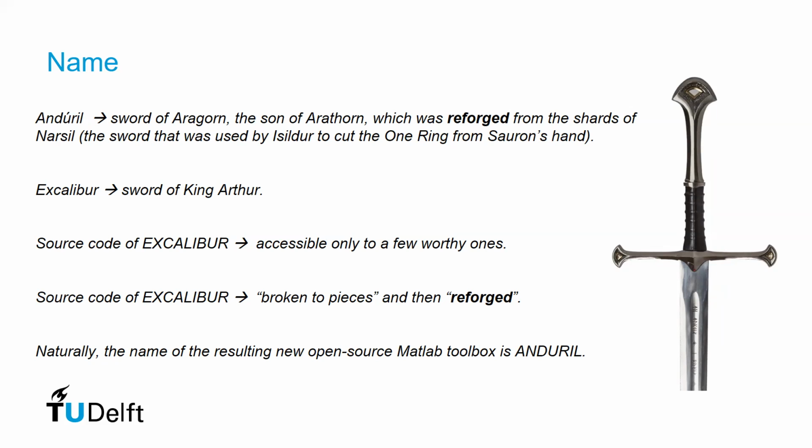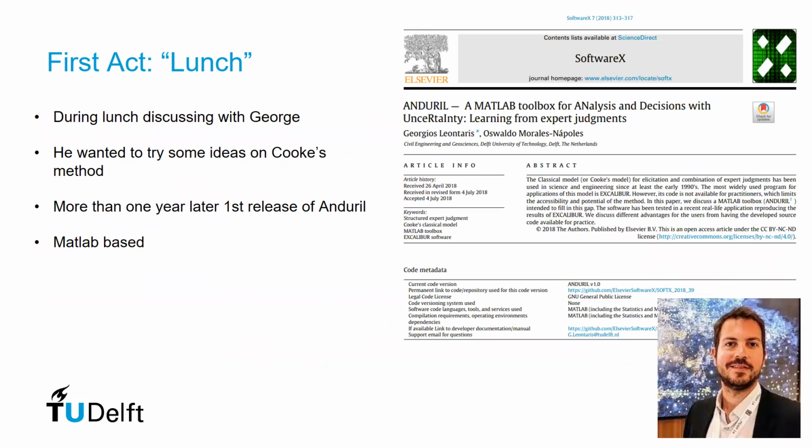So what had to happen is that Excalibur was broken to pieces and then reforged. And of course, the only consequence possible was that the name of this new tool should be Anduril. I would like to take credit for the name of the tool, but I can't, because that was 100% George's idea. Which brings me to the first act of this talk, which is launch.